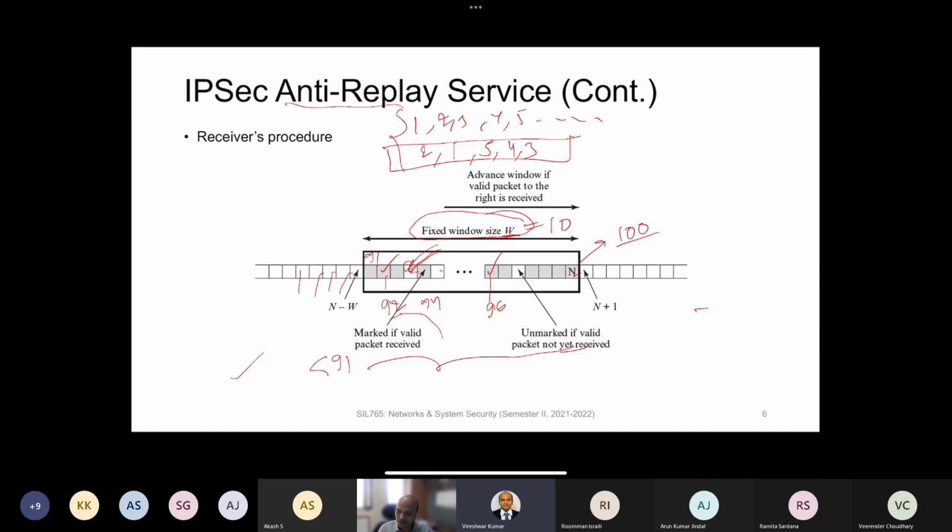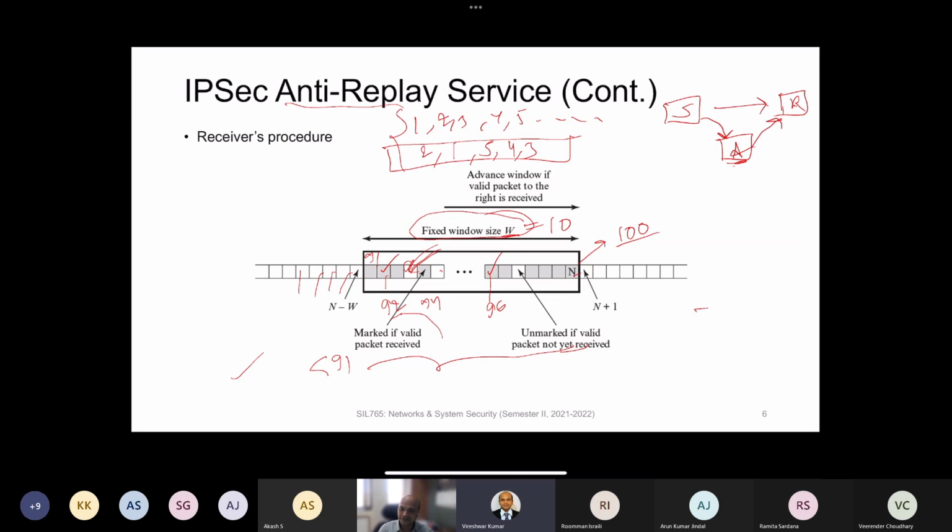And how is this going to help? If you think about it, the sender is sending these packets to the receiver, and if there is an adversary which is eavesdropping the packets that are sent by the sender, then the adversary will have to first receive the packet, do processing at different layers, and then probably try to replay the packet back to the receiver.